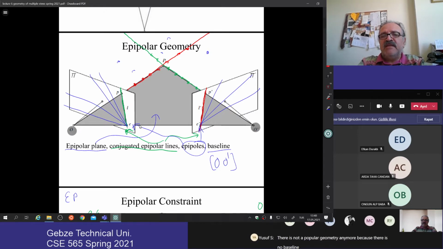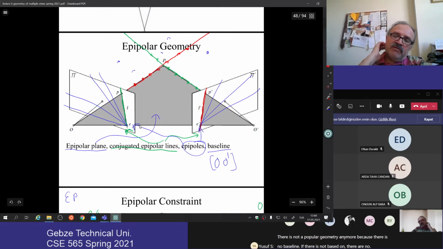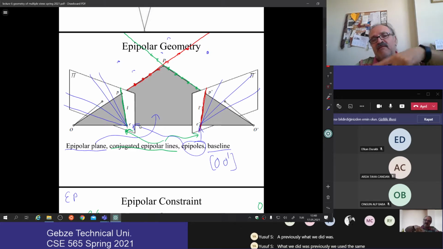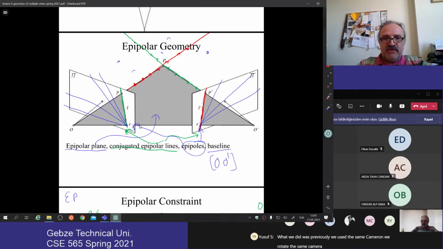If there is no baseline, there are no epipoles E and E prime. If there are no E and E prime, there is no fundamental matrix. So if you have two images of the same scene, that doesn't mean that you could use a fundamental matrix, because the fundamental matrix needs a baseline. And previously, what we did was we used the same camera and we rotated the same camera around the center of projection.